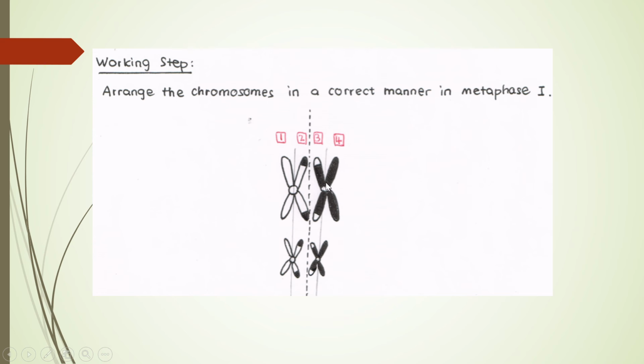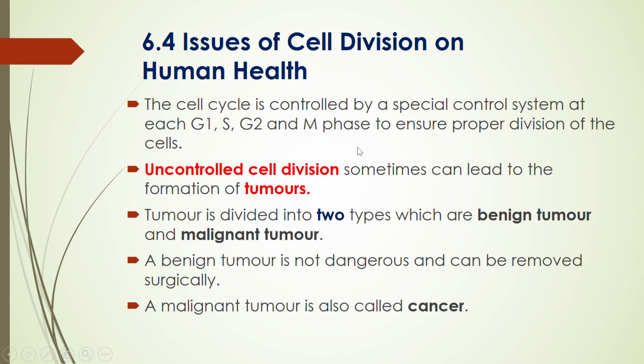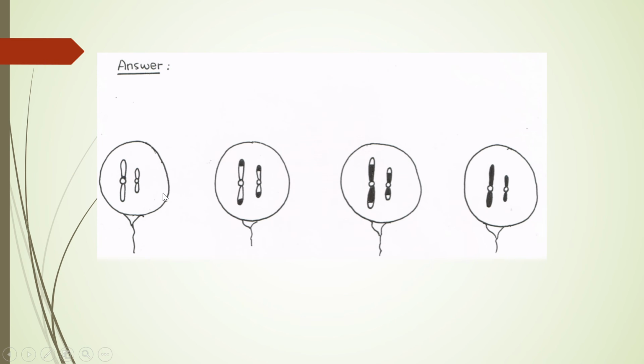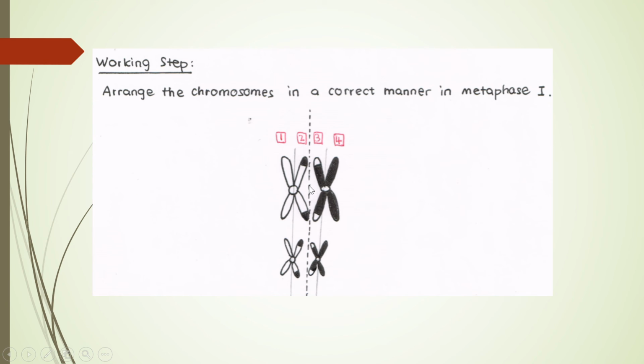Okay, so the homologs. So you label it like this, 1, 2, 3, 4. Okay, so as you go about metaphase 1, how will you end up having this? So after metaphase 1 is anaphase 1, right?